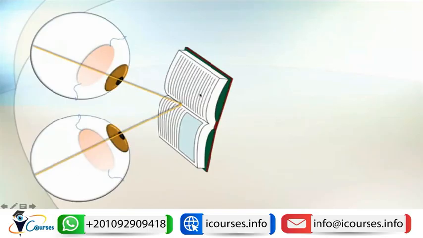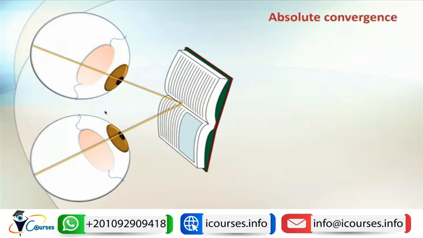Let's say this book is at about 25 centimeters and the lens will exert 4 diopters of accommodation. So we have a fixed amount of accommodation and we need to know the amount of relative convergence, either exerted or relaxed. So for this example, the eye is converging in order to see the book.